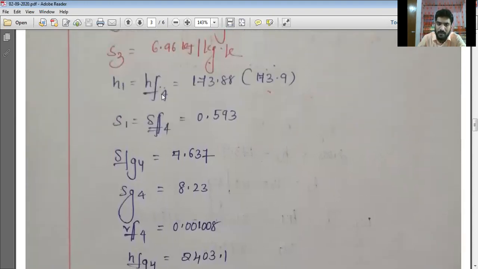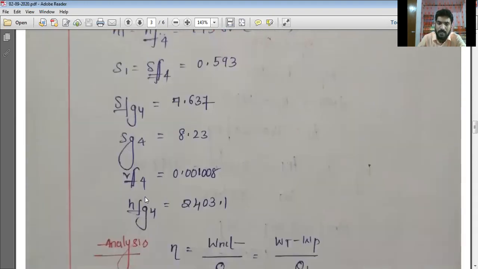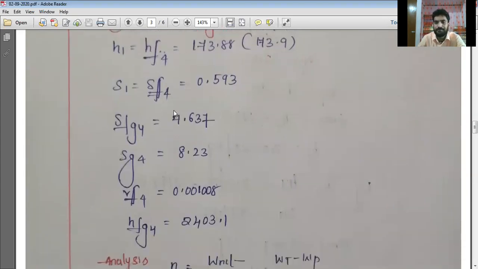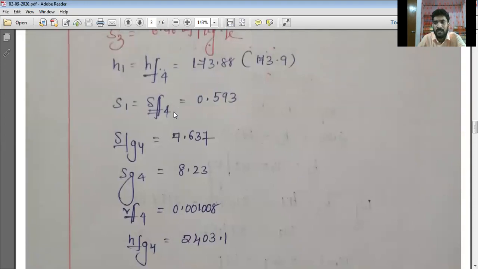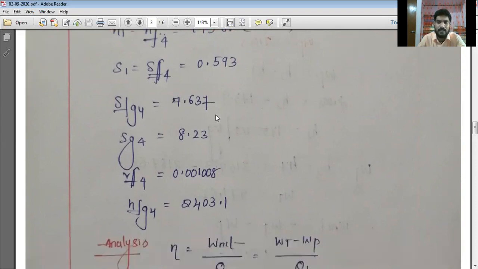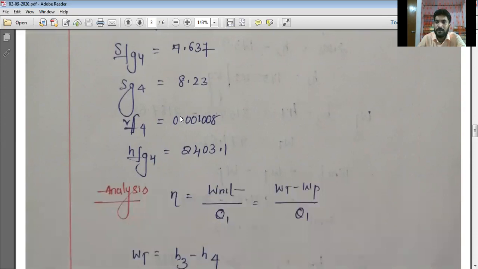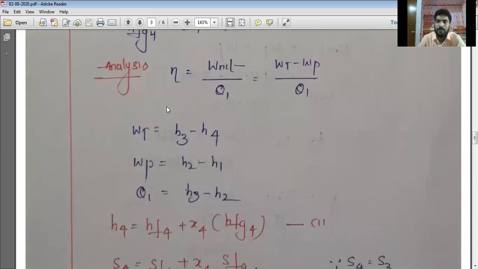Please don't confuse here: 4 and 1 are representing the states. Once you have a clear idea of how to draw the TS diagram and the TS relation, then definitely you will identify these properties and the respective states. Now I will do the analysis.